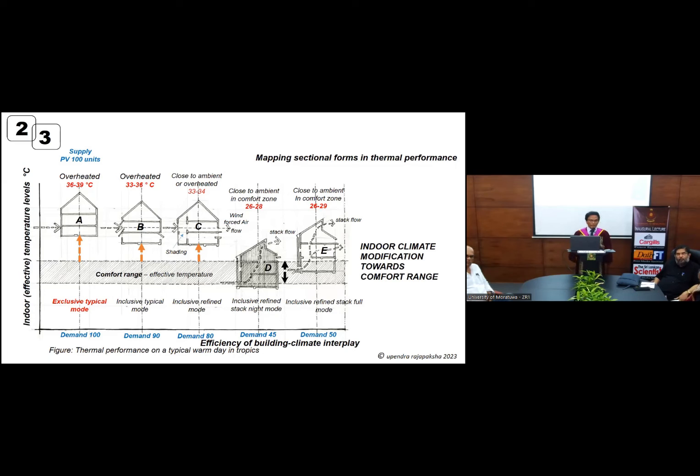And on the following morning, it's ready to absorb more heat. So when airflow comes into the building with heat, the heat can be absorbed into the thermal mass, reducing the internal temperature. Its temperature could be around 26 to 28, and its demand could be reduced to 45.